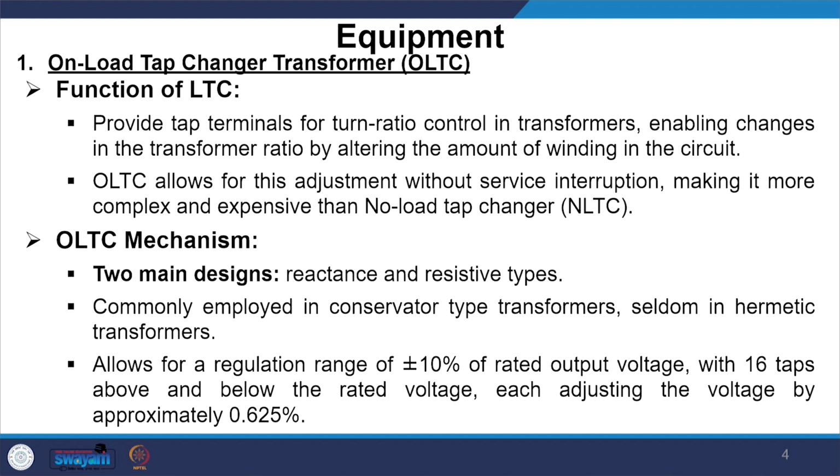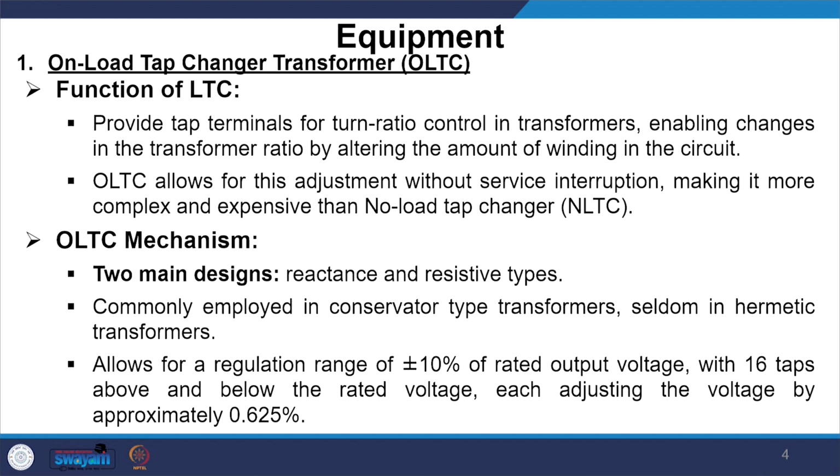OLTC allows for this adjustment without service interruption, making it more complex and expensive than no-load tap changers, that is NLTC. Now, two main designs: one is known as reactance and the other one is resistive type OLTCs.